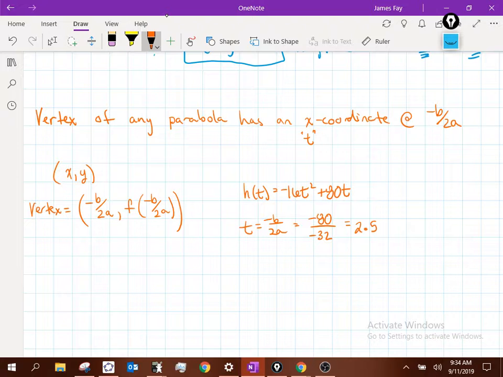Then the y value, which we're calling h of t, is found by taking that 2.5. I've already done this work, but I'll write it down again. And using that 2.5 as the time inside that function, it should give you 100 back. You guys remember doing a little bit of that? Okay, so you got two techniques, right?